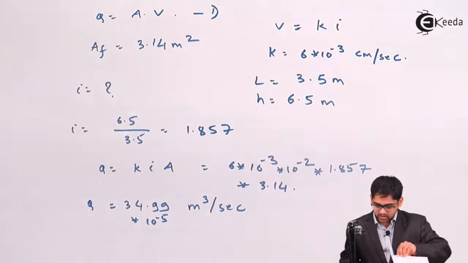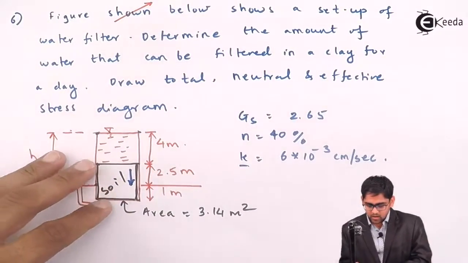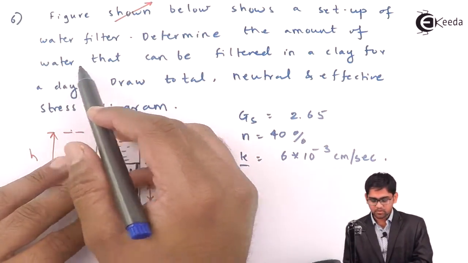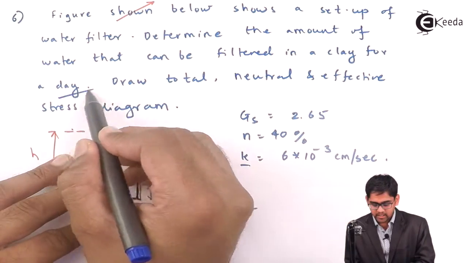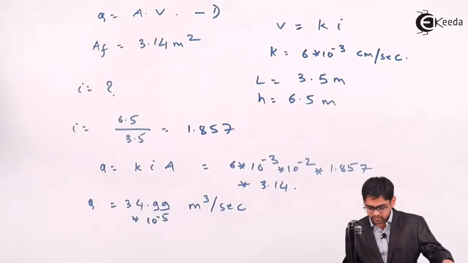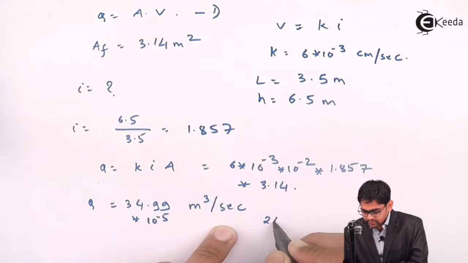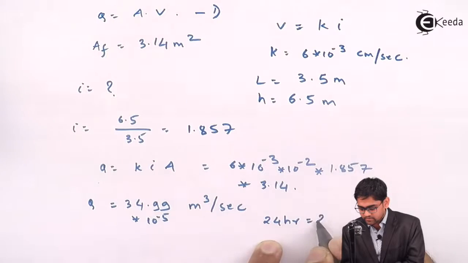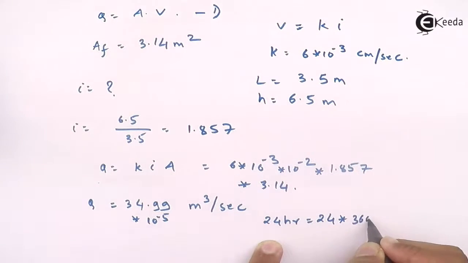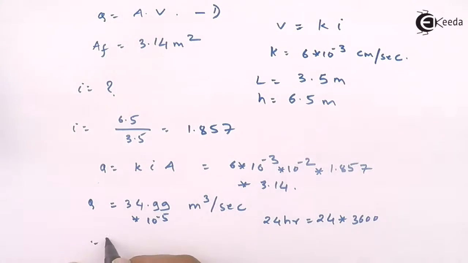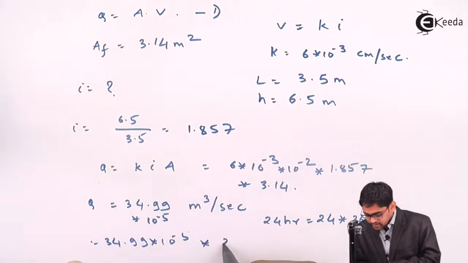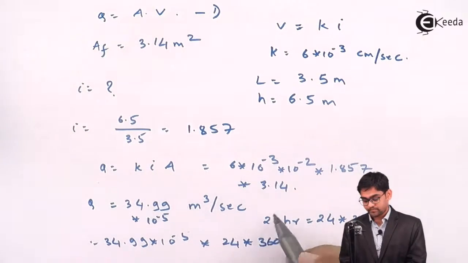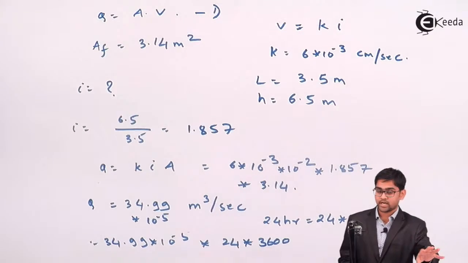But in the question, what is asked is the amount of water which can be filtered in a day. For a day there are 24 hours of filtering, so I multiply by 24 into 3600 seconds, because I assume the plant to be working throughout the day.